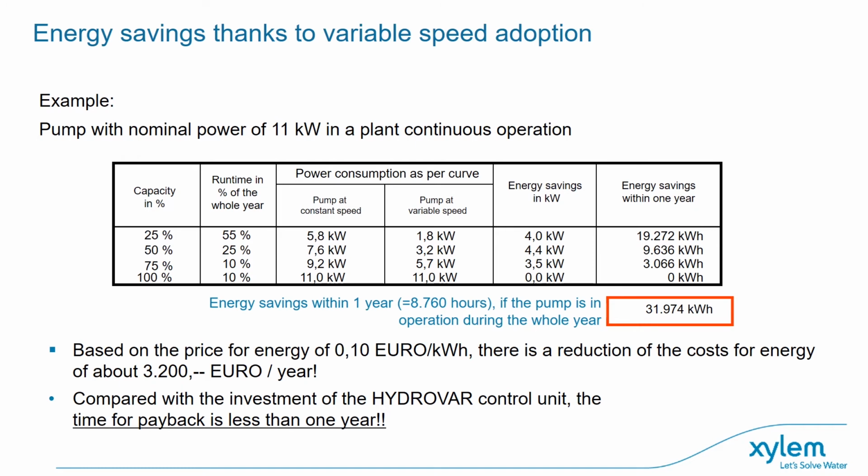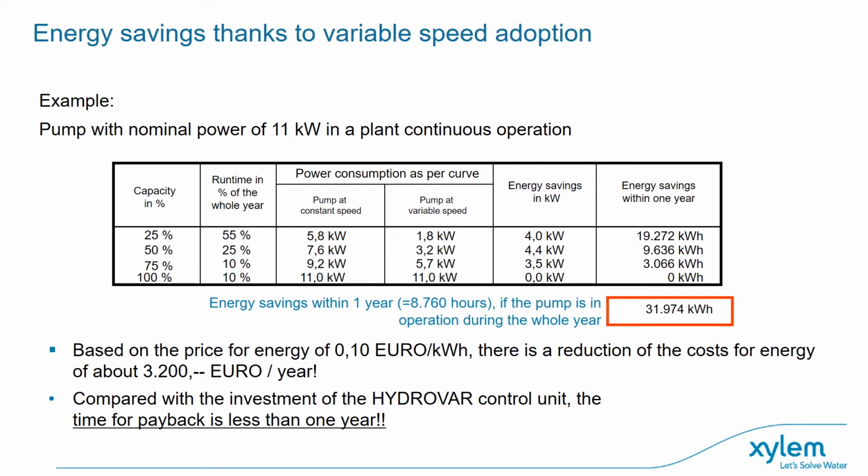And then if we look at the potential energy savings to be had, this chart shows an 11 kilowatt unit running in continuous operation with varying capacities. So you see the total motor power is 11 kilowatt running at 100% load.